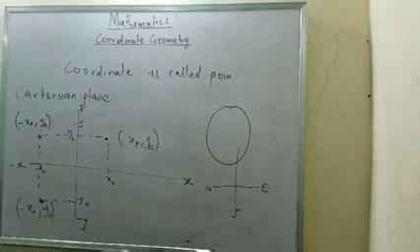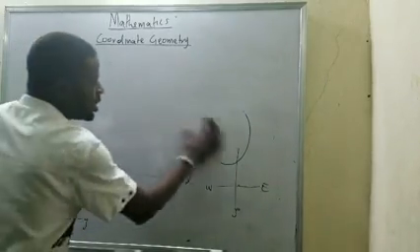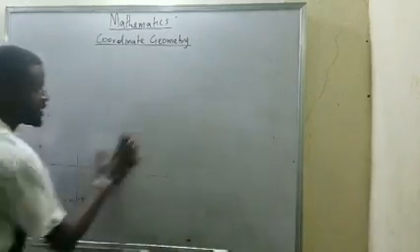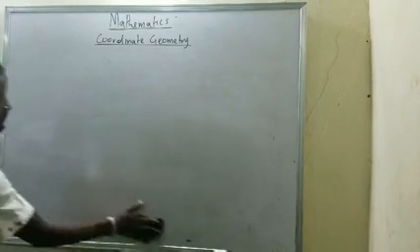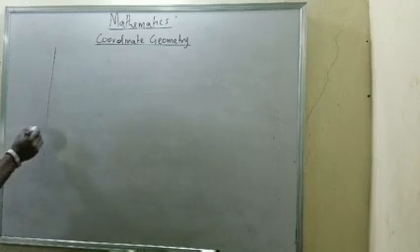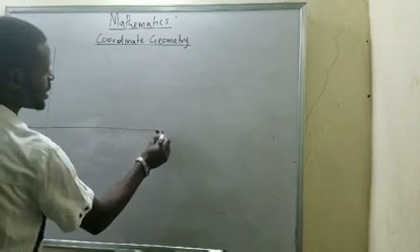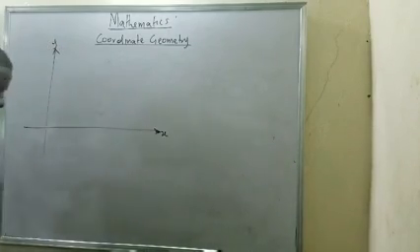Now, let's move on to distance of 2 points. The Cartesian plane is very important when it comes to distance of 2 points. I have my Cartesian plane at this point. Let me call this one x and y. Their movement does not end there.